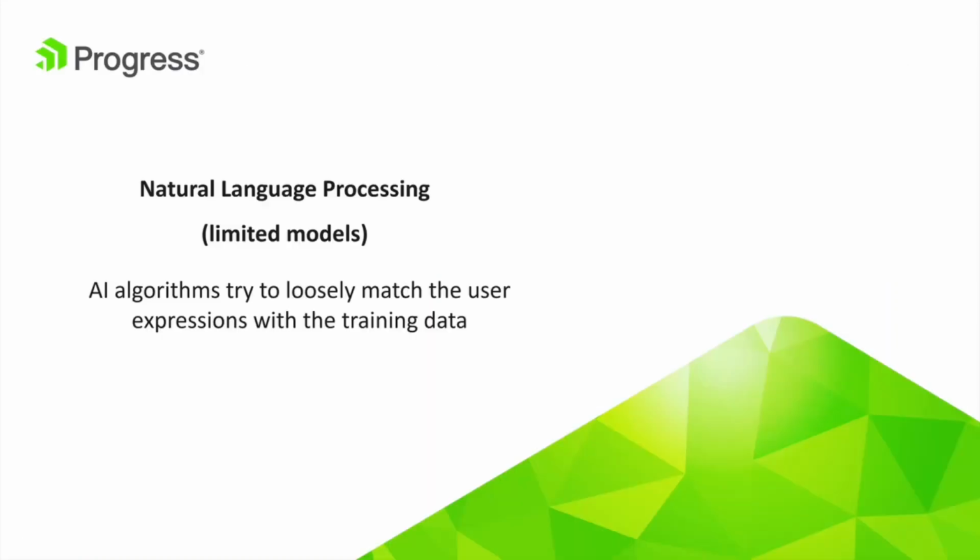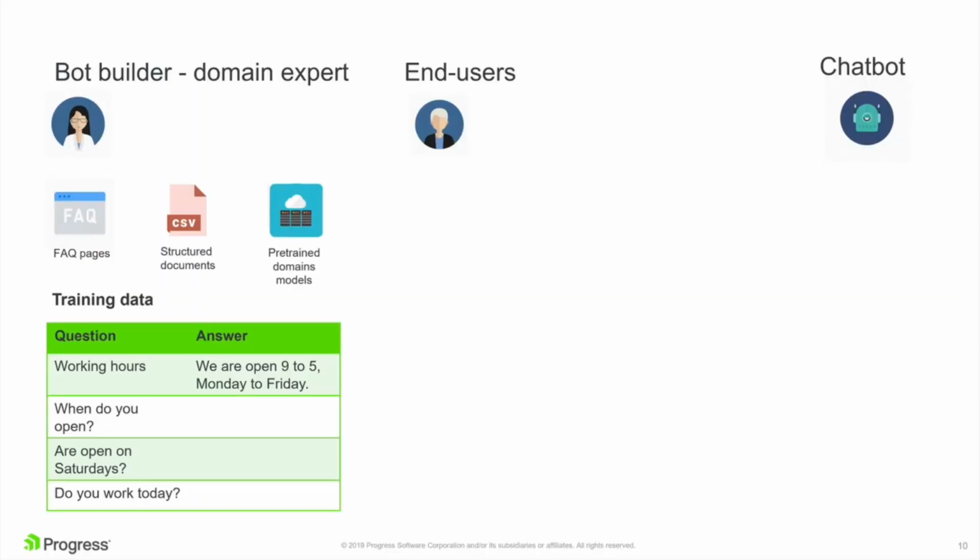The next approach utilizes natural language processing limited models. Those algorithms loosely match the user expressions with the training data. You need to use structured data to create your model. You'll be using FAQ pages or other structured documents with questions and answers in them like CSVs.